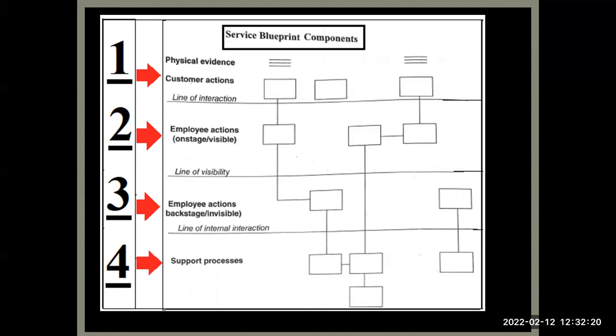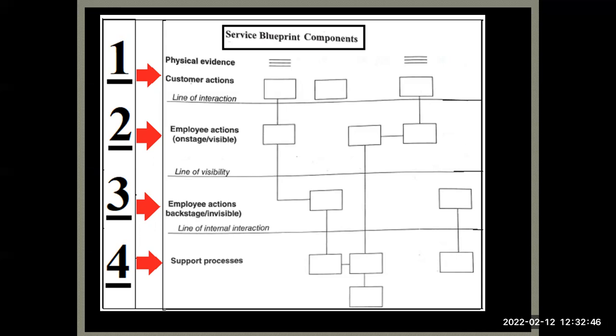In the first row we have customer actions. In the second row we have employee actions happening on stage, which is the visible part. And there is one more row of tasks which are invisible to the customers, happening at the backstage. Again, these actions are performed by the employee, so we have kept them in the third row.